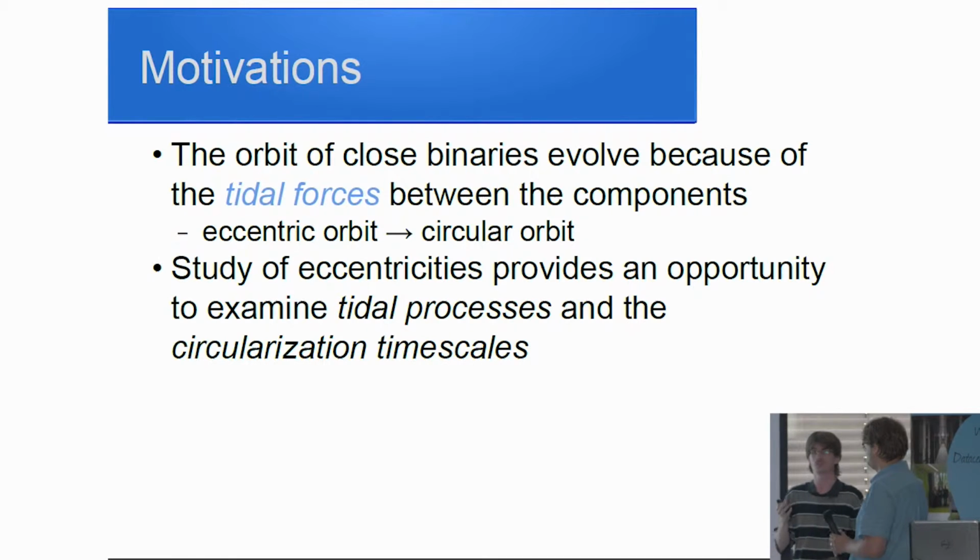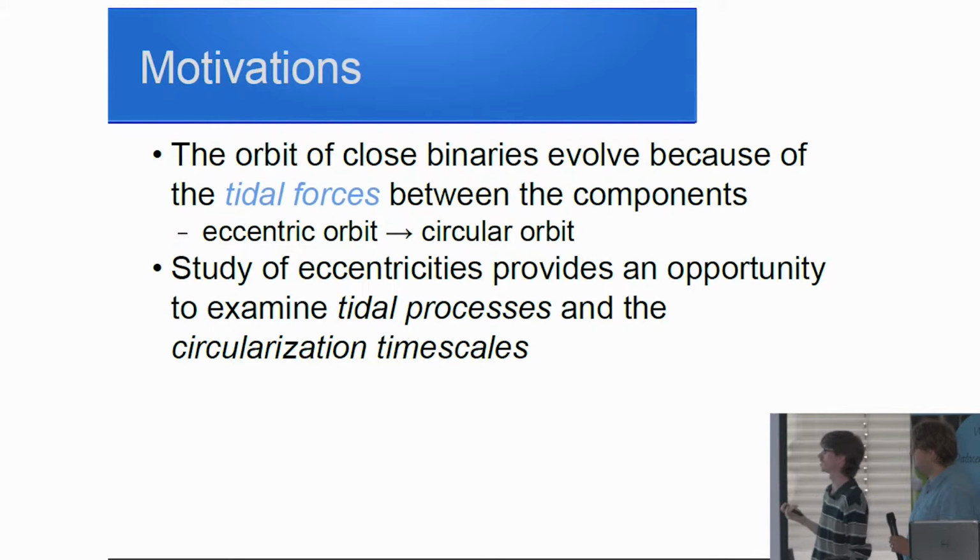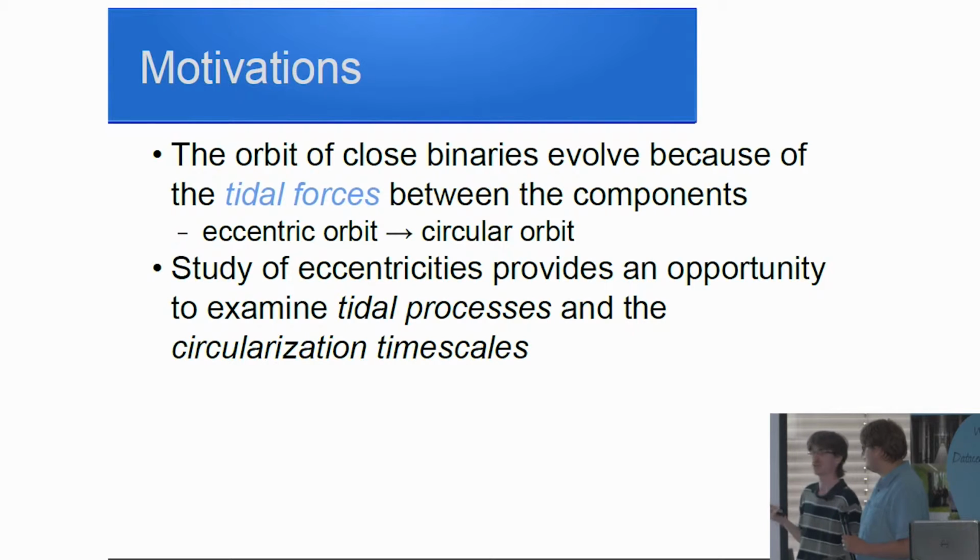The models say that eclipsing binaries form on eccentric orbits, and during their lifetime they become circular. We think that the study of eccentricities provides an opportunity to study these tidal processes and the timescales of the circularization.